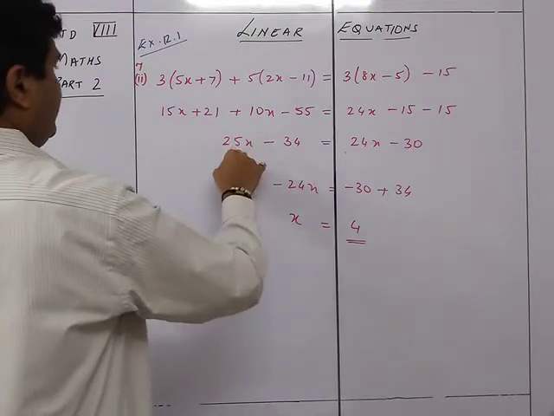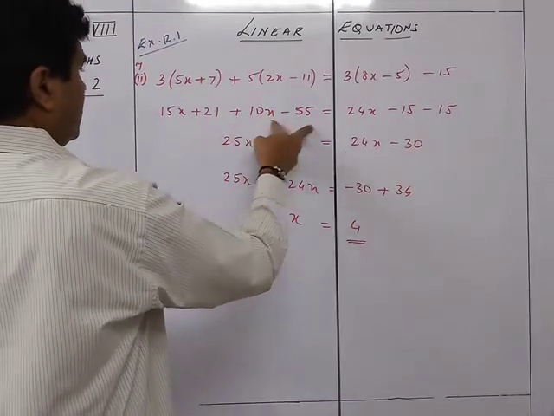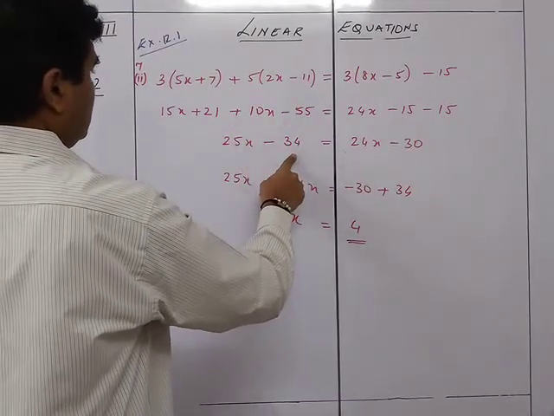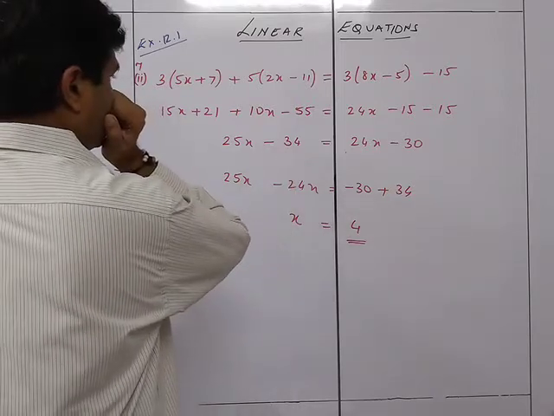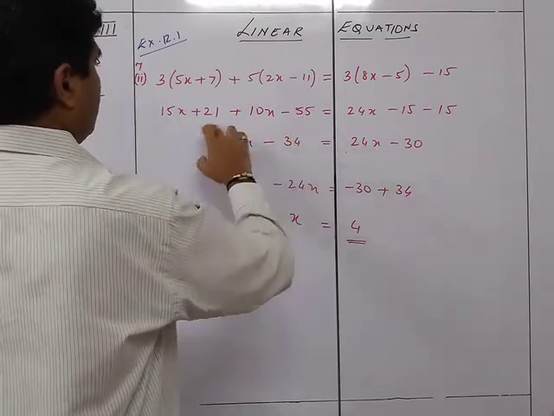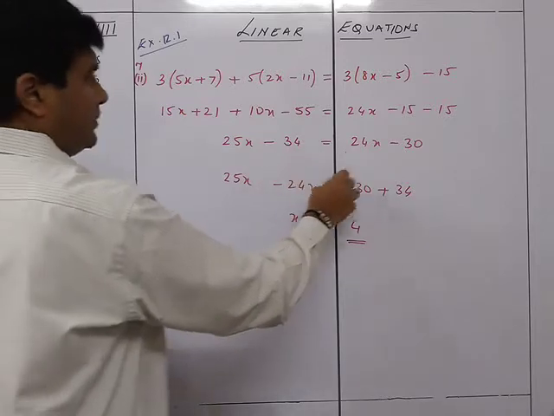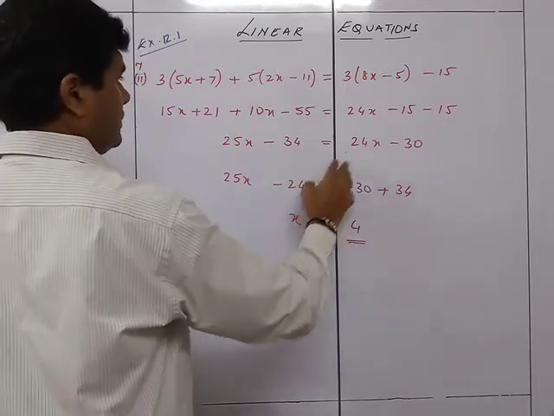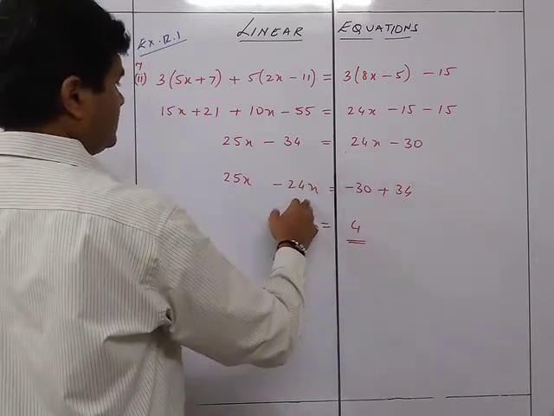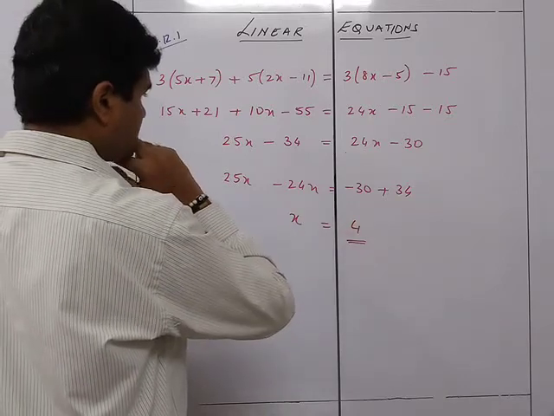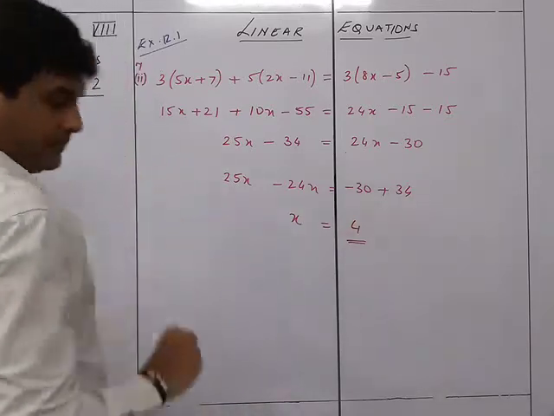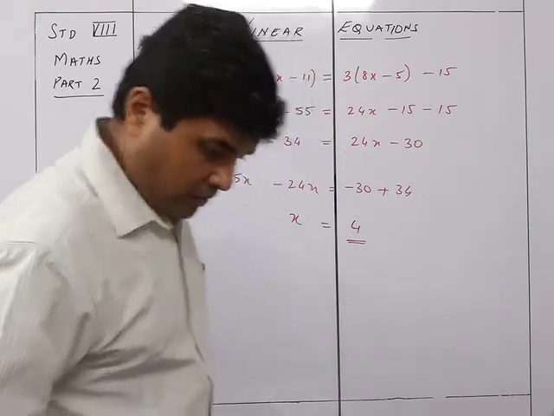This is 25. Here it's 24. 24 coming here, x minus 24. What? One sec.